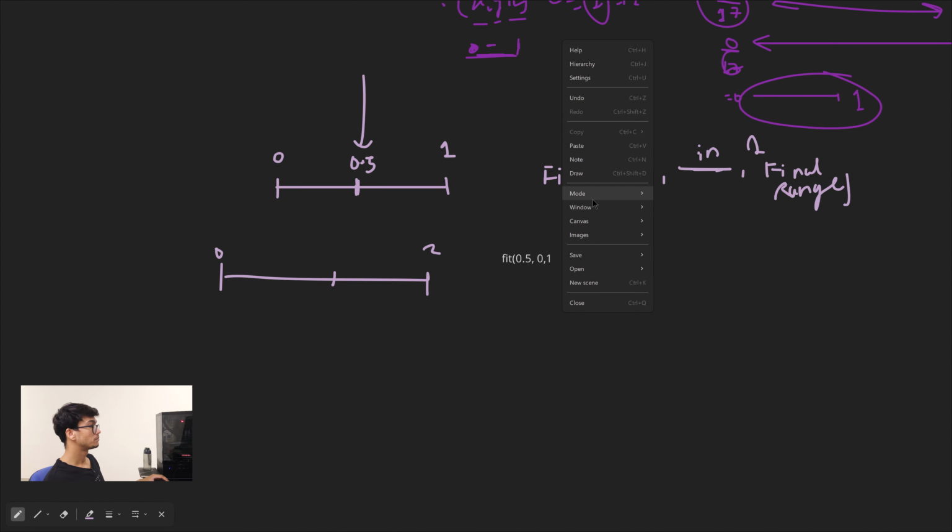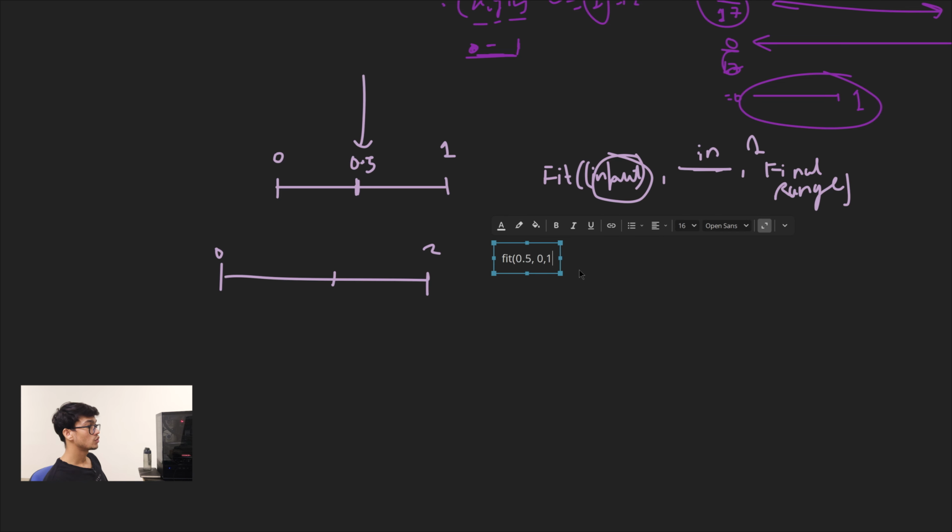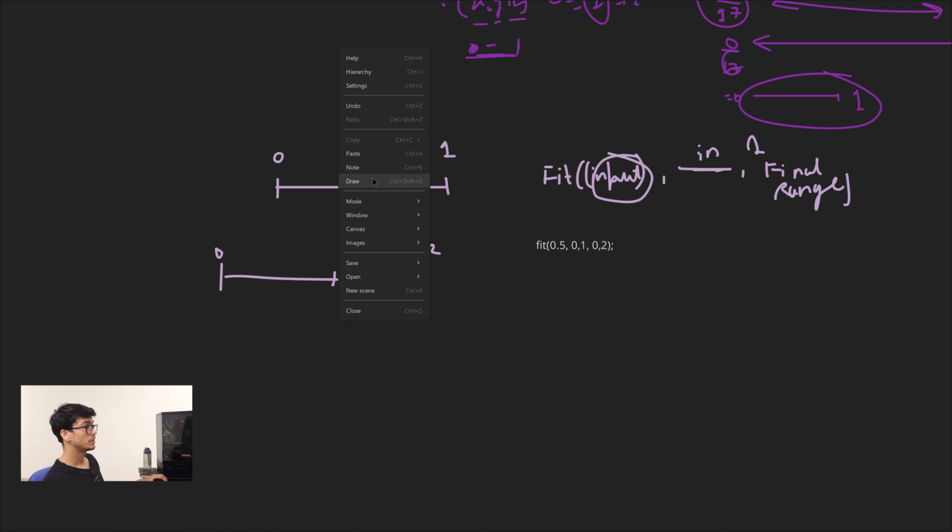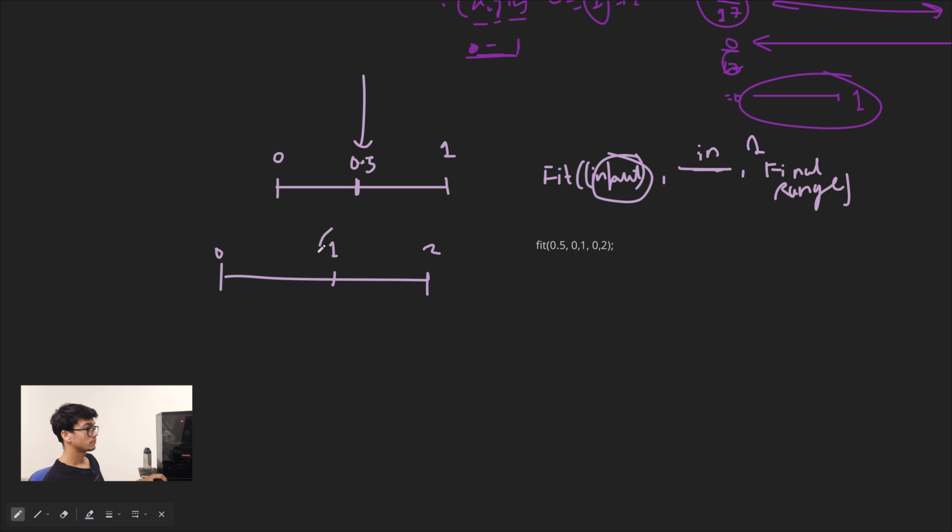That's what we are doing. And I can just use this expression. The new range goes from 0 to 2, and you will see that the answer will be 1, because it's in the middle, so it will be at 1 in this range, right?